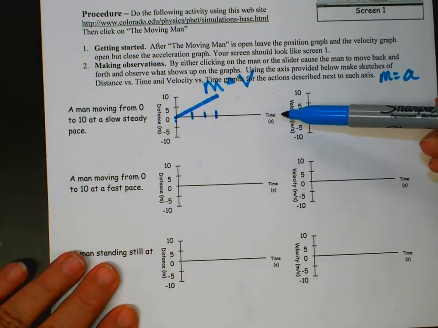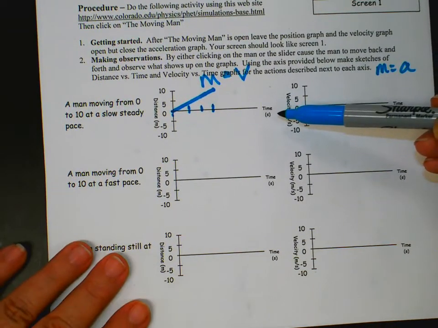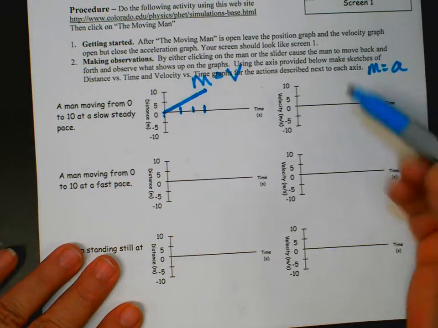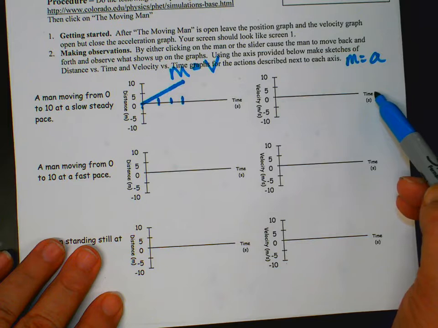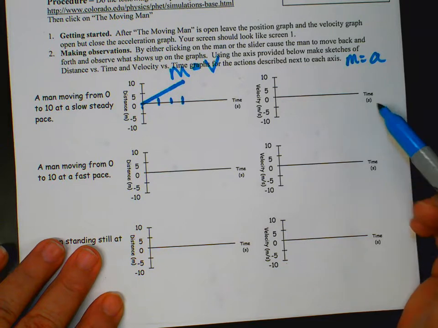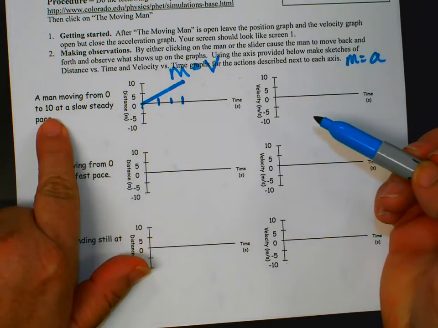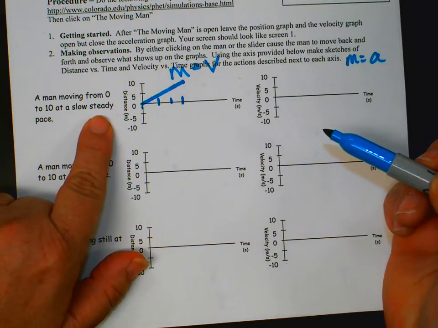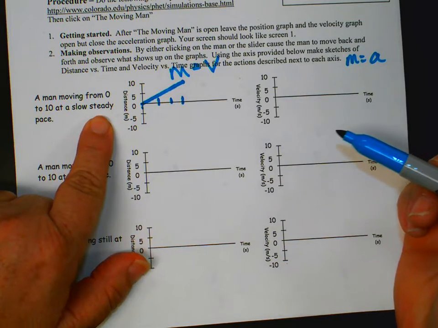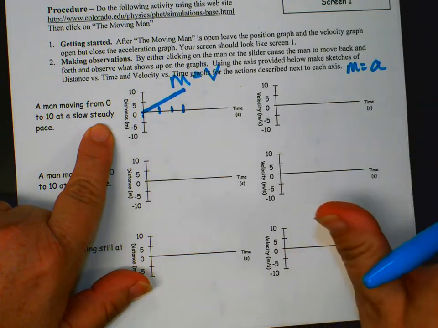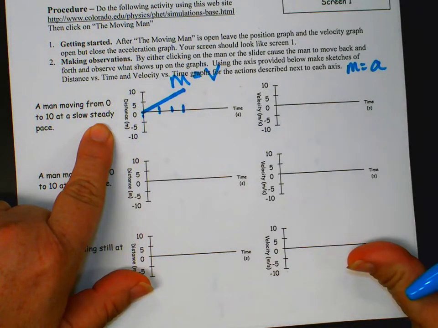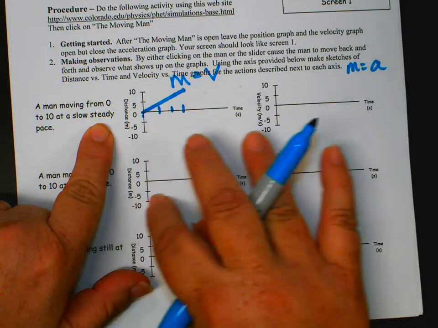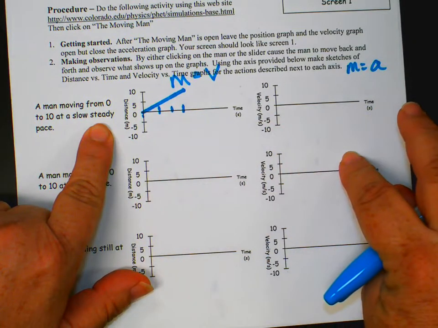This is the same as what you had on the previous, but now we're going to look at velocity versus time. So he went from 0 to 10 at a slow, steady pace. If he didn't speed up and he didn't slow down, it was a steady pace. Okay? So he went at a constant speed.